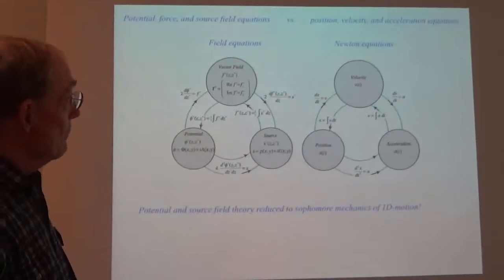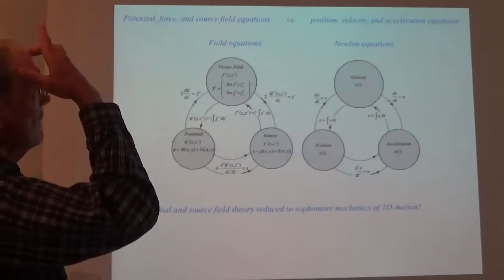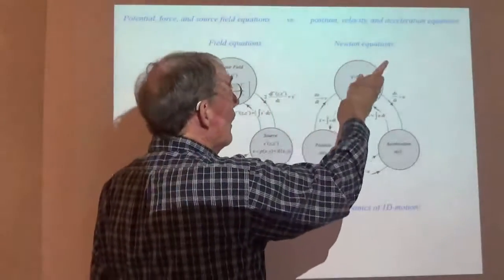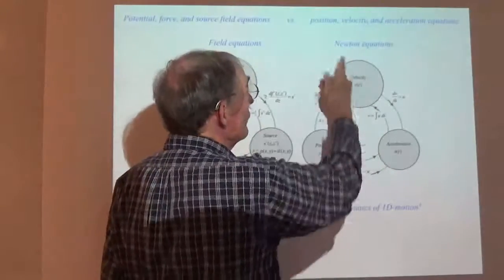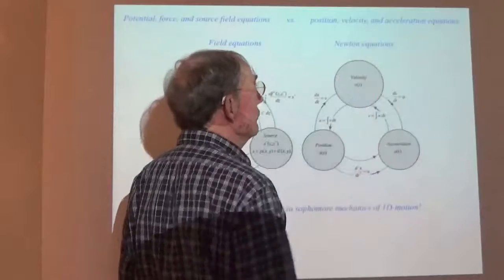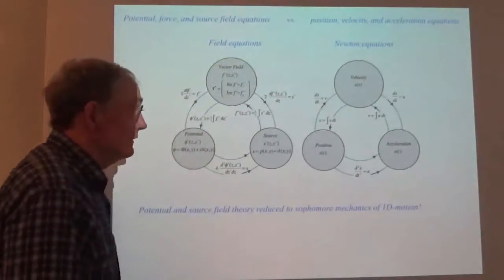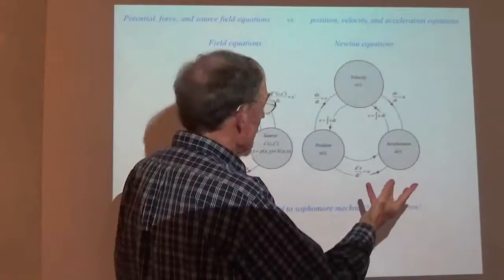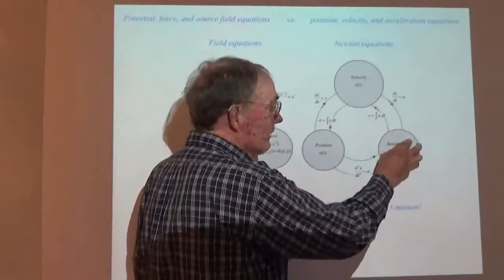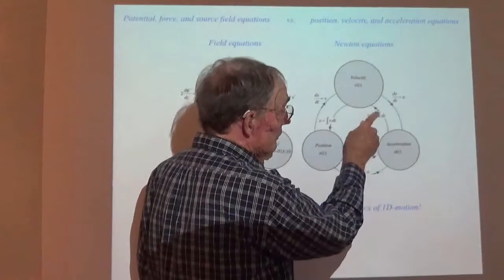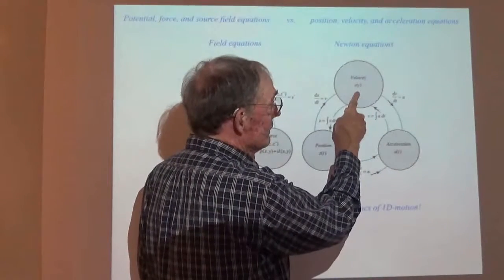But I should point out, this is a case where the potential, force, and source field equations are essentially analogous to position, velocity, and acceleration of mechanics, Newton's equations, Newton's calculus, right? So generally we talk about starting with an acceleration, and then integrating that acceleration to get a velocity.